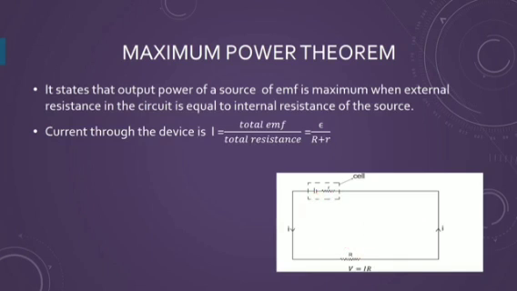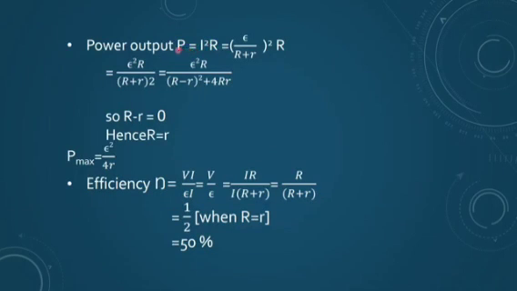So if I want to find the power output, as we have already derived, power is equal to I square R. If I put the value of I, which is epsilon upon R plus small r, I will get epsilon square R divided by R plus r whole square. So I can write this as R minus r whole square plus 4Rr in the denominator, if I add and subtract.